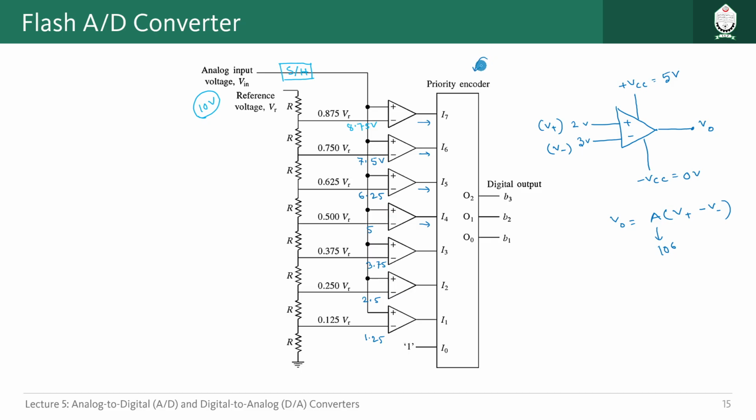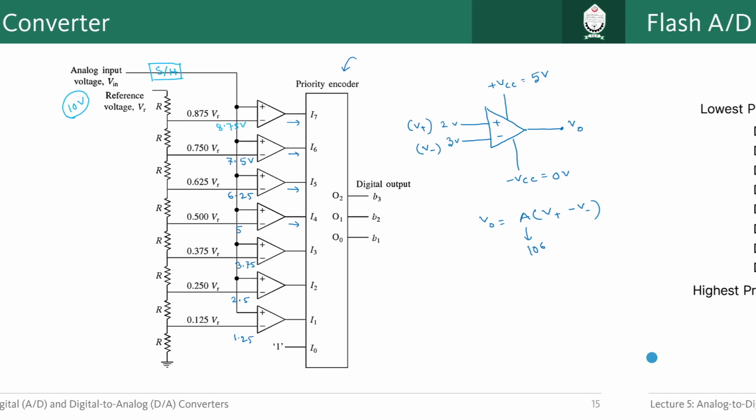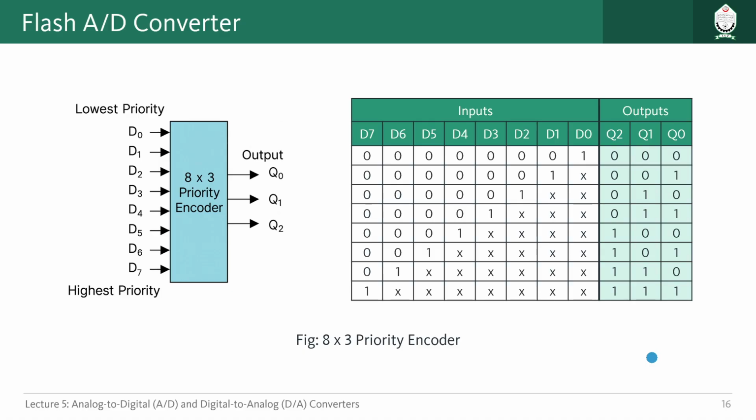And let us try to understand from the values we are getting how the priority encoder can output the corresponding digital value. To understand that, let us look at this example of an 8 to 3 priority encoder. Before understanding the priority encoder, let us first understand what an encoder does.